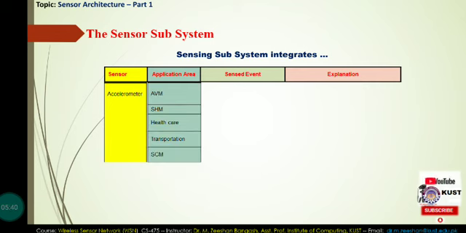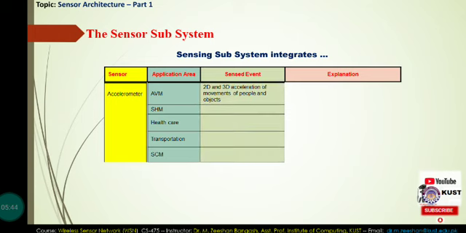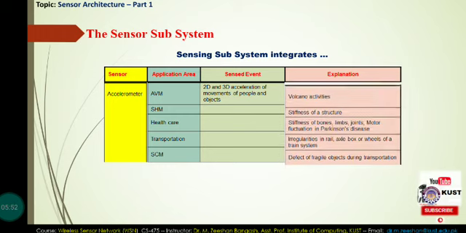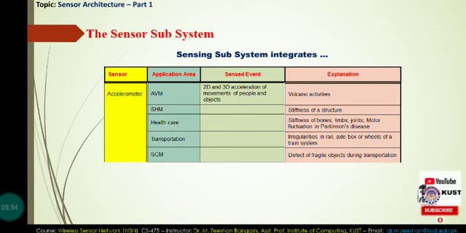You can notice the accelerometer and the different application areas. It is basically for 2D and 3D acceleration movement of people and objects, and it detects movement. What is this sensor used for? It is used for noting volcano activities, the stiffness of any object, or irregularities in a rail. It's easily available in the market and very cheap.